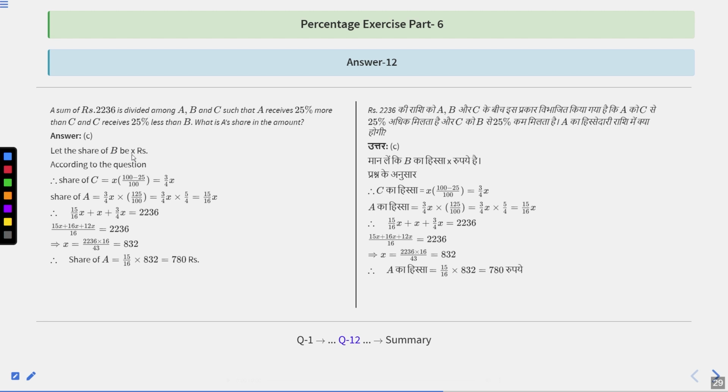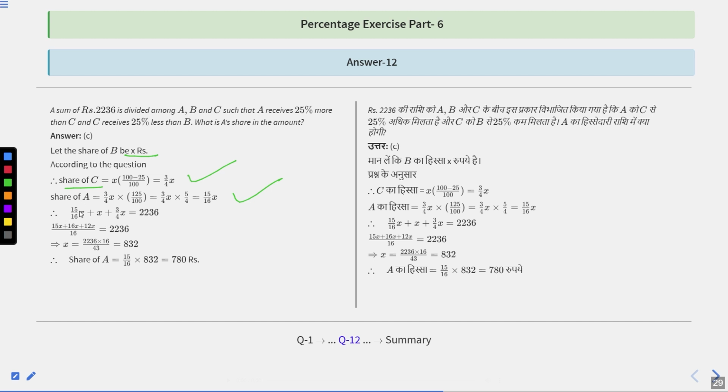Let the share of B be x. Okay. According to the question, the share of C will be 75%, because it is 25% less. So it will be 3 by 4 of x. Share of A is 125% of C, which is 5 by 4. So 3 by 4 x multiplied by 5 by 4 is 15 by 16 x. According to the question, the sum of all these three equals 2,236.